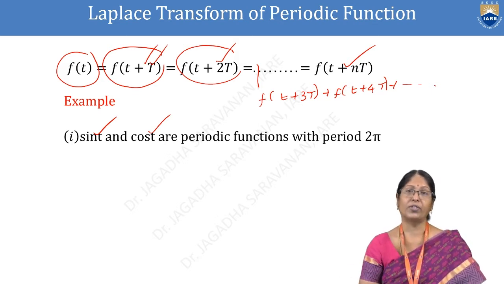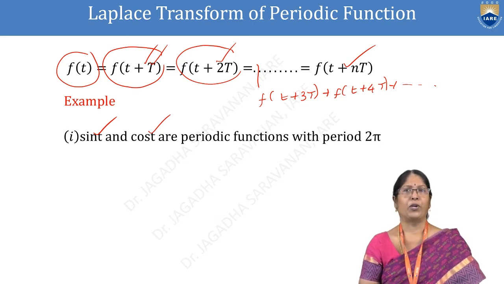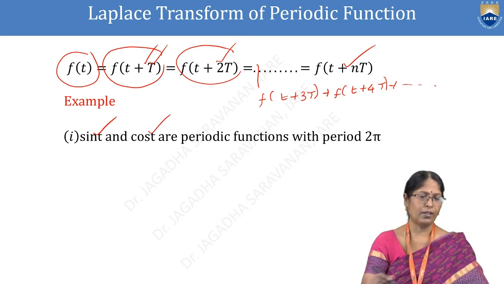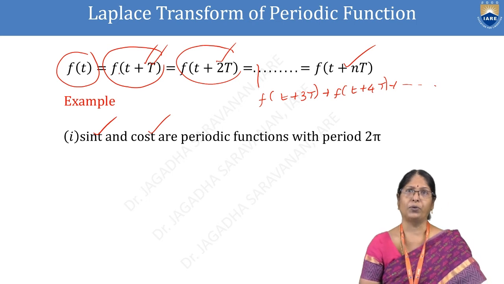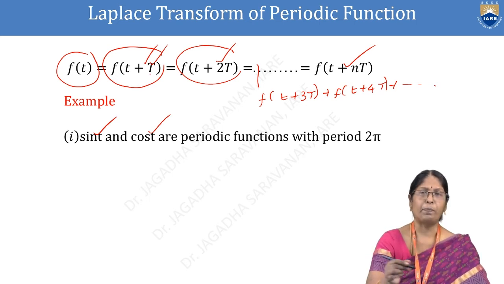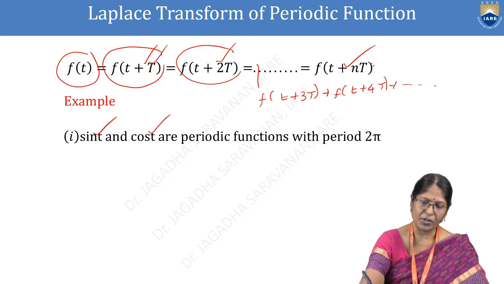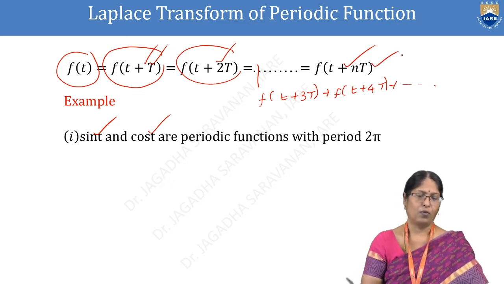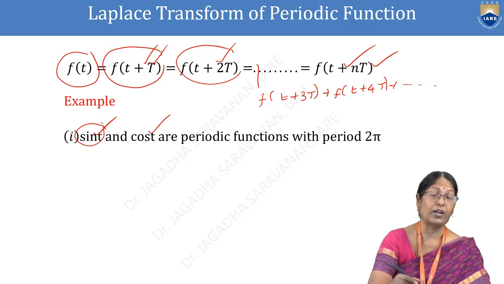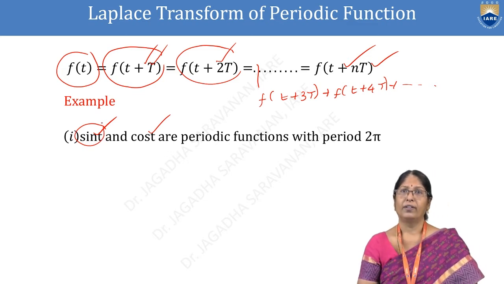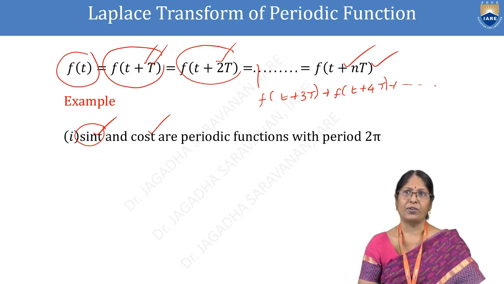Just now we have seen what a periodic function is, that is, f of t equals f of t plus capital T. If this definition is satisfied by the trigonometric function we have taken, then we call it a periodic function.